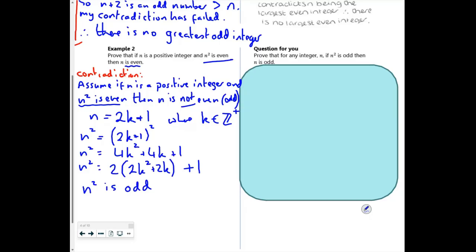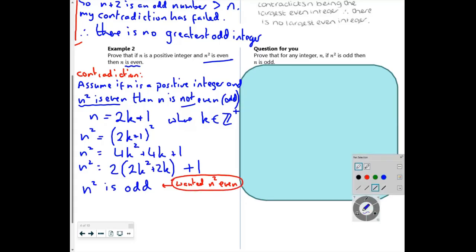So we wanted n squared as odd, getting all confused with me odds and evens here. So we wanted n squared even. So my contradiction has failed.